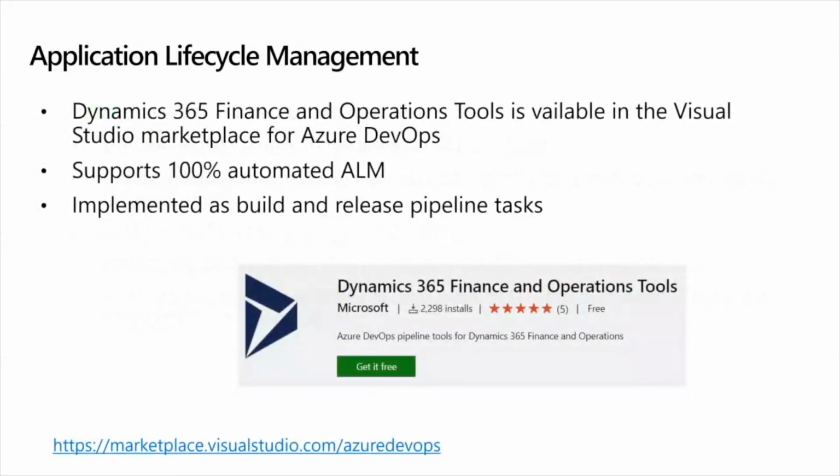And the finance and operations tools are available in the Visual Studio Marketplace for Azure DevOps. This is what supports the automated ALM, and it's implemented as the build and release pipeline tasks.